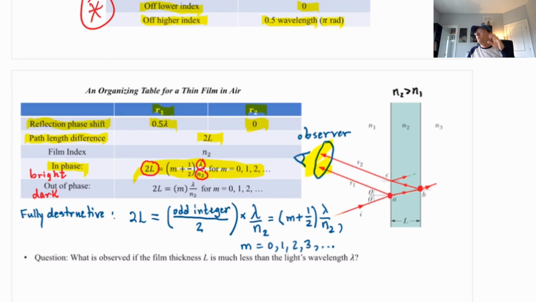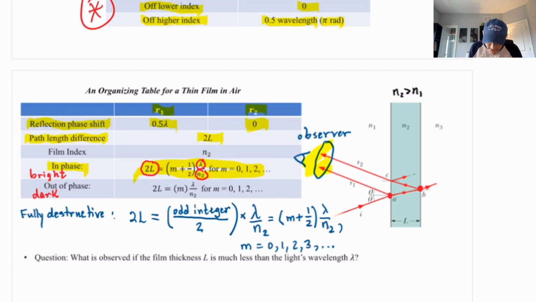So I want the path length difference effect to add an integer multiple of the wavelength. Okay? So that the net effect where the observer is an odd half integer multiple of wavelengths. So that the waves will then be out of phase exactly, and I'll have fully destructive interference.